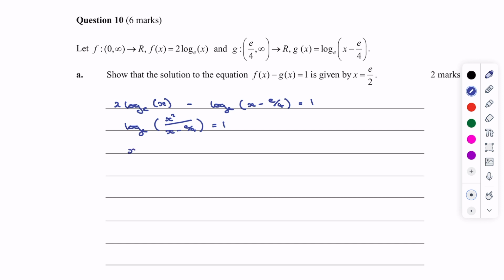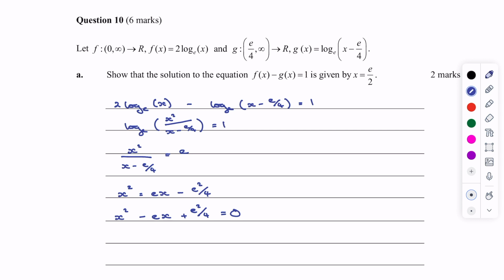Therefore, I can say x squared all on x minus e on 4 equals e to the 1, which is e. I just don't need to show my e to the 1 there. And then I'm going to write this equation as x squared equals ex minus e squared on 4, and I'll put it in terms of 0.